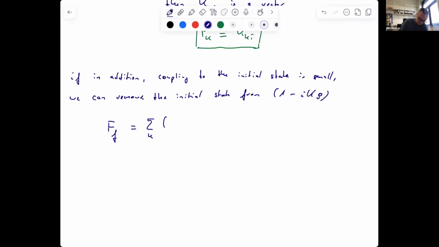We sum over K, 1 minus iK, and I now put a tilde here just to indicate that we have removed the initial state. So these matrices are one lower in number of dimensions than the K matrix that we had put before. We sum over the intermediate state K, and have the production vector on the right-hand side. And now this is textbook Hüsken's p-vector formalism.